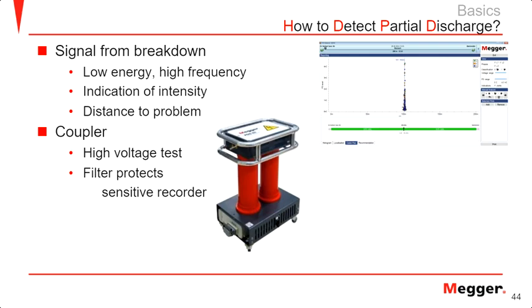And this shows your intensity of the partial discharge. So in this here, I know it's not very clear, but something around 4 nanocoulombs is your intensity of partial discharge. And this guy is your coupler. So this device is typically what measures that partial discharge coming from the cable.